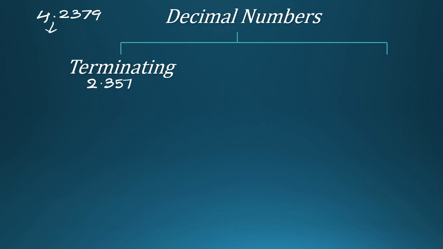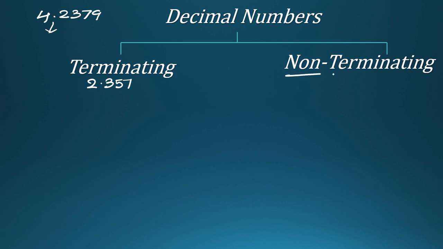Now another category of number is non-terminating decimal. As the name says, terminate means finish. So non-terminating means a decimal number which will not finish. For example, 1.414141414141, like this.